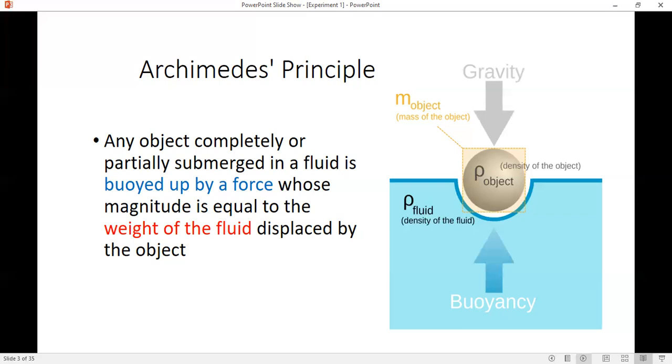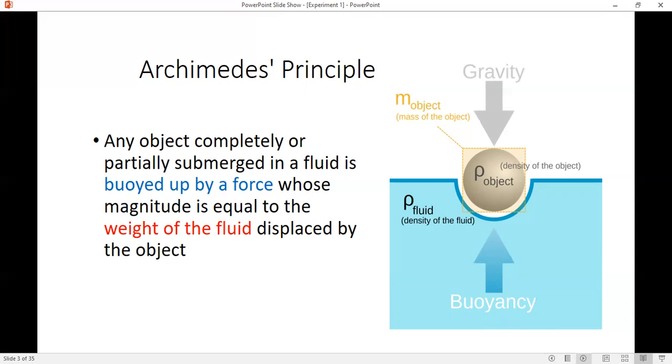Now, obviously, Archimedes came long before Newton. So we would say that Archimedes came up with a specific case of action-reaction for fluids. And of course, Newton came up with his general law later on. But again, it's important to note a few things.